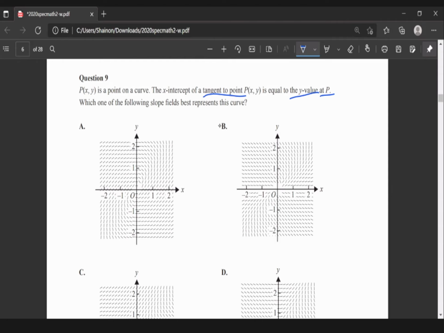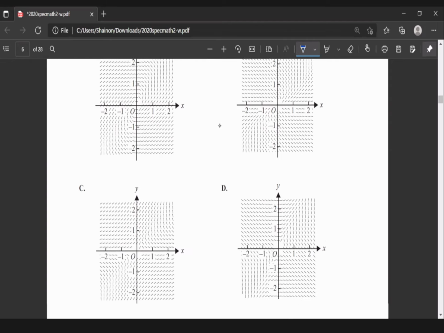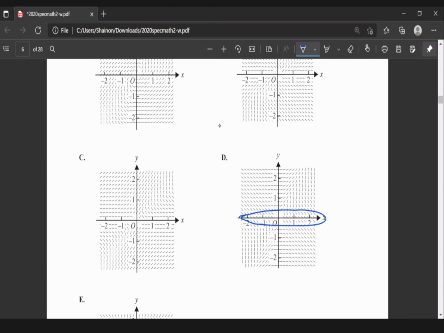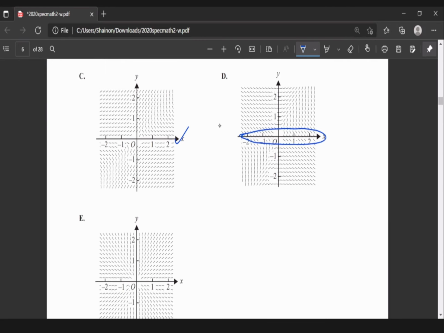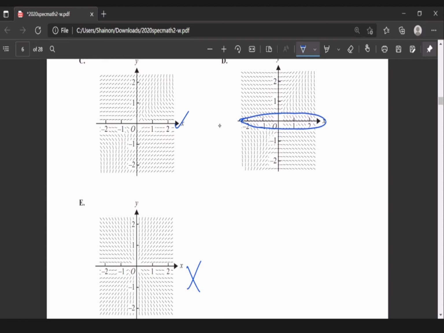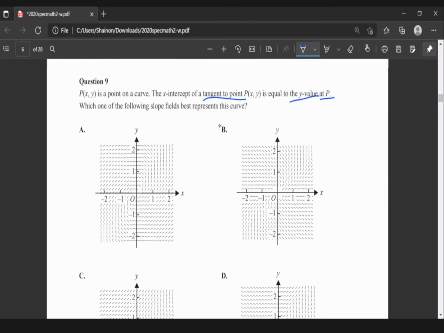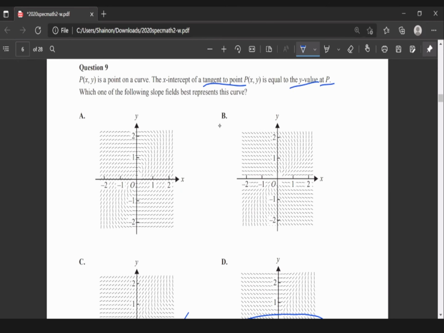So I looked at each of the curves and I found the gradient for which there's going to be none at these values. So this one corresponds to this one. This one didn't really make sense.